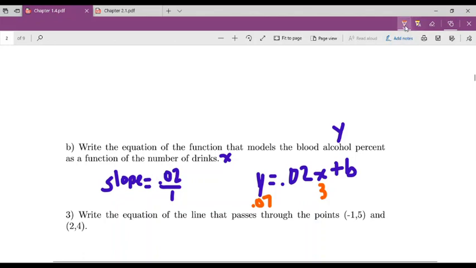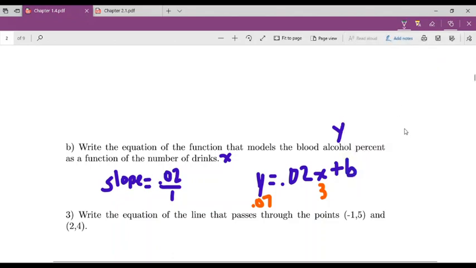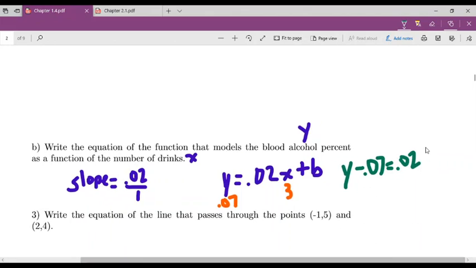Now, the cool thing about point slope is you don't have to do that. What you could do instead, using the point slope formula, you could say, okay, my full formula is going to be y minus y1 equals my slope, which is 0.02, times x minus x1.